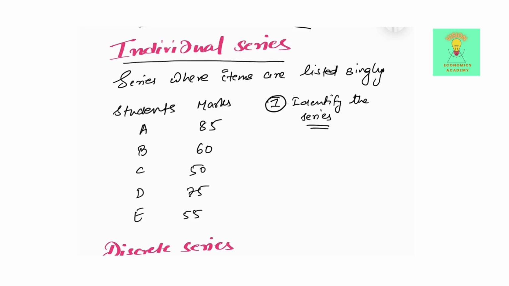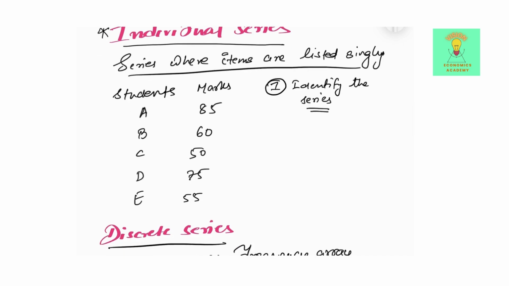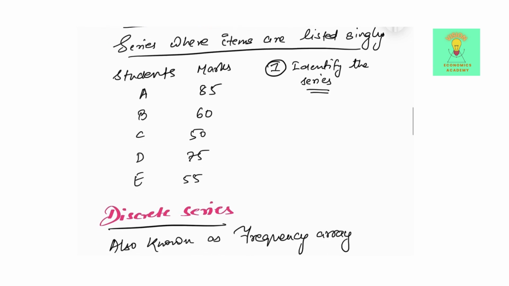Okay, and it's very easy to identify. First, the individual series is where items are listed singly, where there are details about each individual, where each item is listed in a single manner.